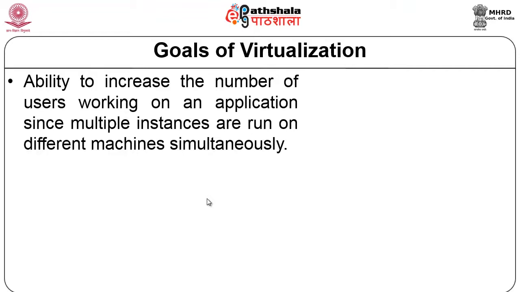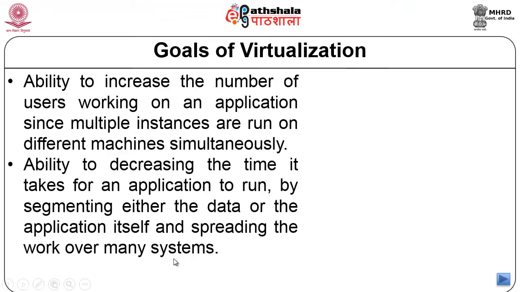Now, if the demand for email increases at a certain point in time, because many people want to interact, we simply run more email virtual machines on more machines, and therefore the number of users that can use the specific application increases. We also have the ability to decrease the time it takes for an application to run by segmenting either the data or the application itself and spreading it across many systems.